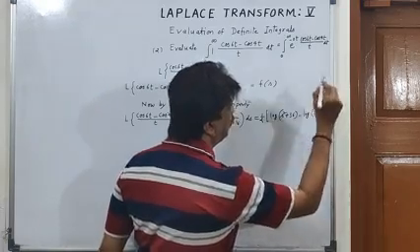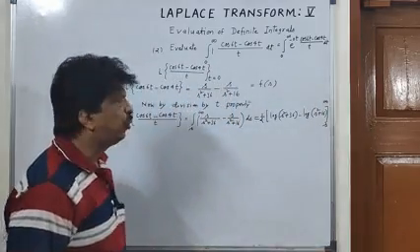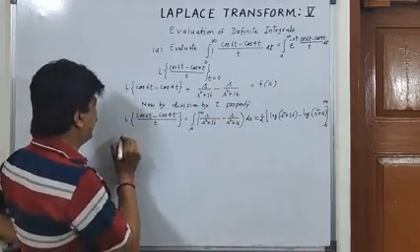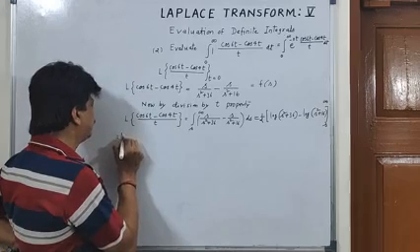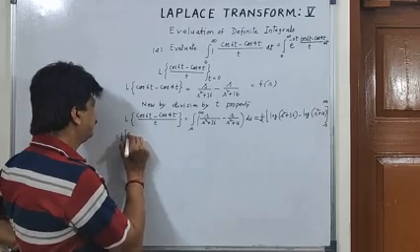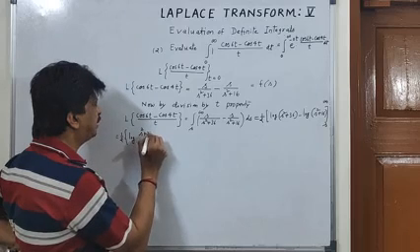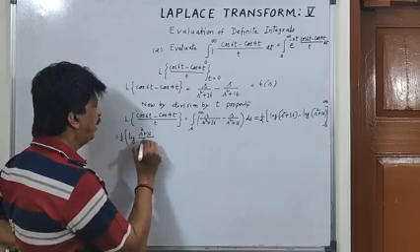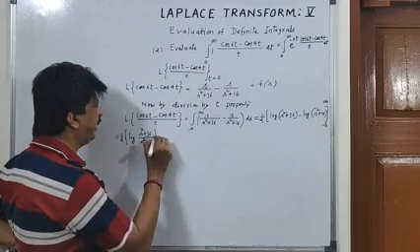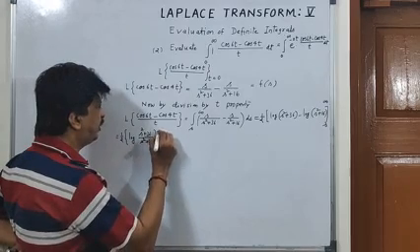The limits are from s to infinity. That is further equal to 1 by 2 times log of (s square plus 36) upon (s square plus 16), from s to infinity.